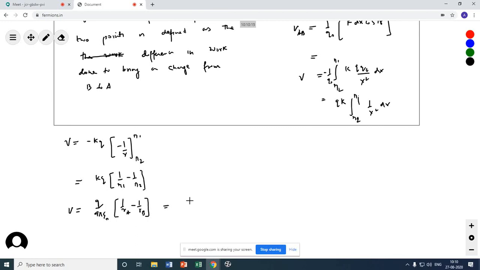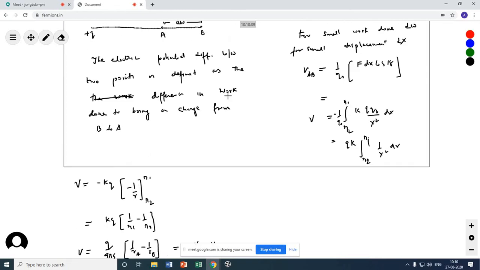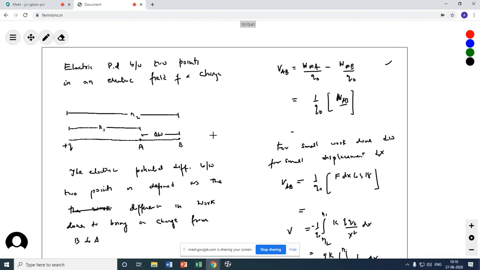You can write it as VA minus VB, because this is actually Q by 4 pi epsilon naught RA minus Q by 4 pi epsilon naught RB. Definitely, I told you VA is greater than VB. So this is our potential difference, VA minus VB. I hope you understood this one.